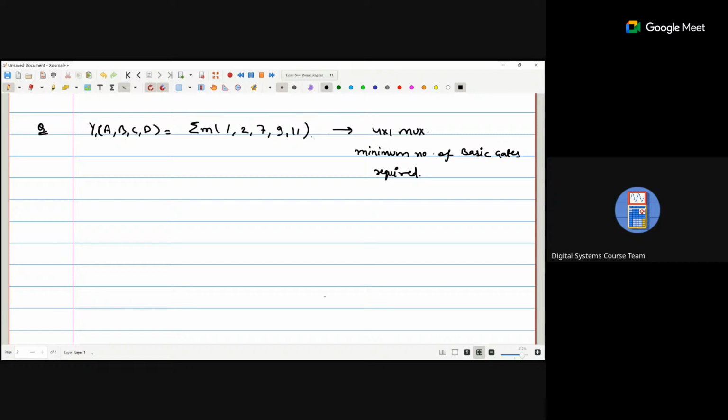Basic gates are basically AND, OR and NOT, so we will not use XOR and XNOR.